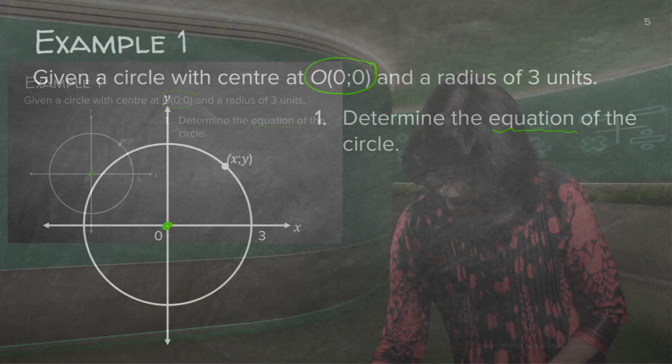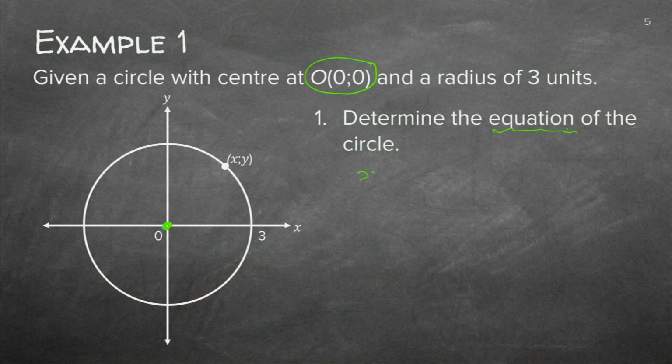Because they're asking for the equation of the circle, I can just write down x squared plus y squared is equal to r squared. And there's my formula. How many unknowns do you see there? Only one. Now, if they tell you what the radius is, you just fill it in straight away. Did they? Yes, 3 units. So you go straight away: x squared plus y squared is equal to 3 squared.